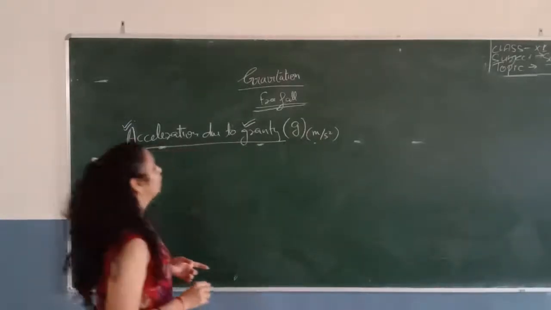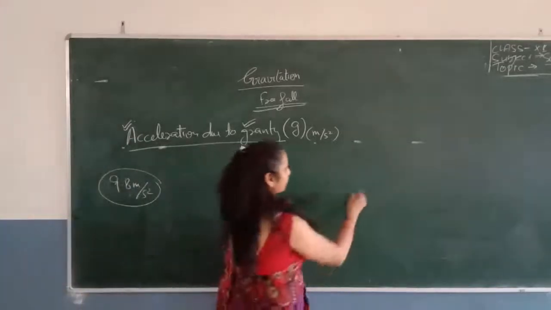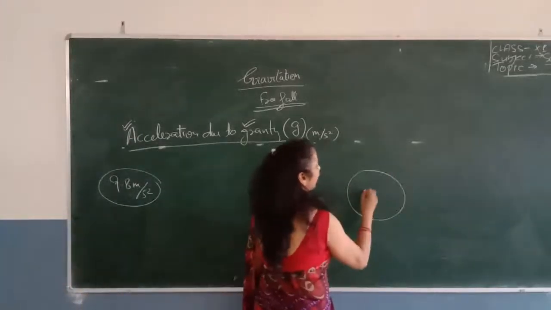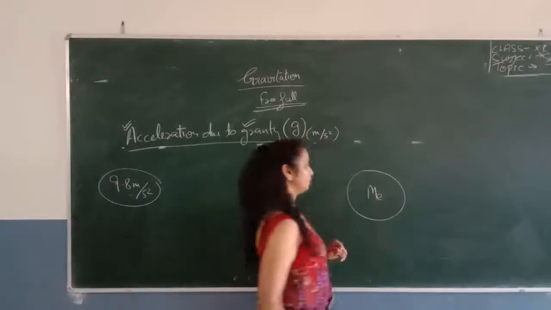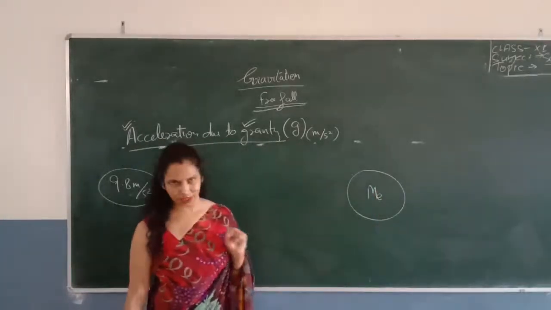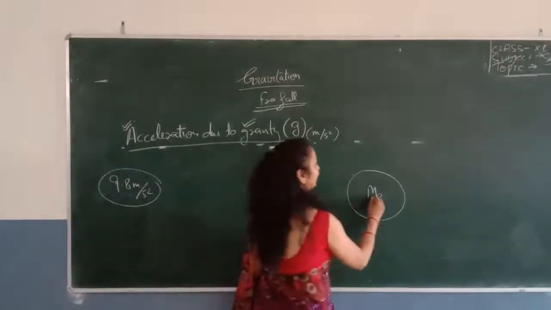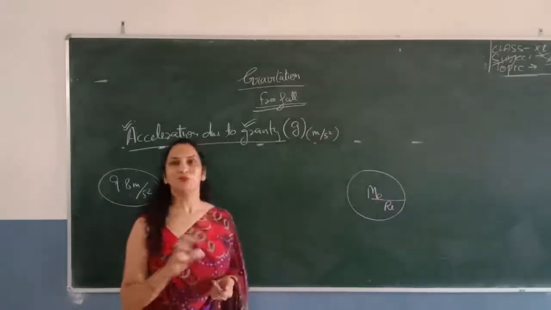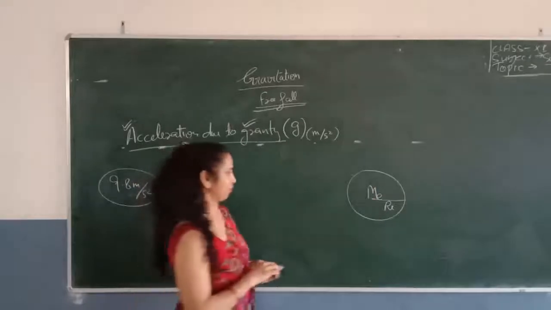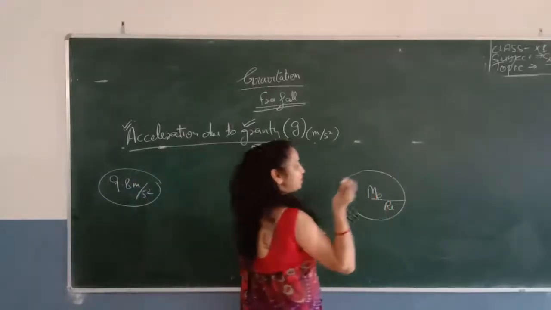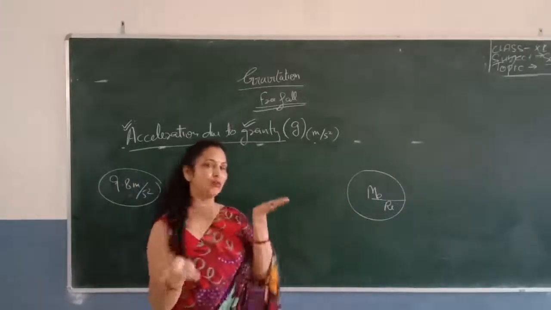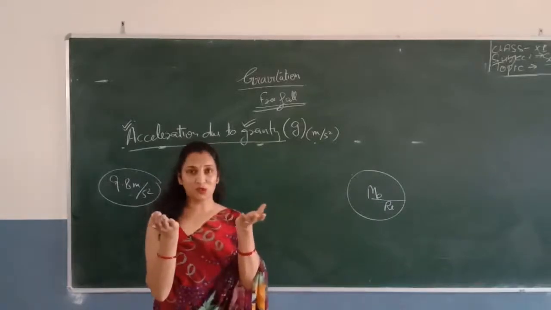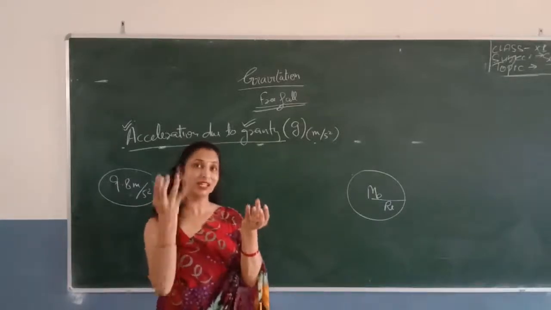So let's take one example. This is the earth having the mass M. I am representing the mass of the earth by M, and having the radius of R e. And an object which we are going to draw, in which we want to find out how much force of attraction is acting between the earth and the object.